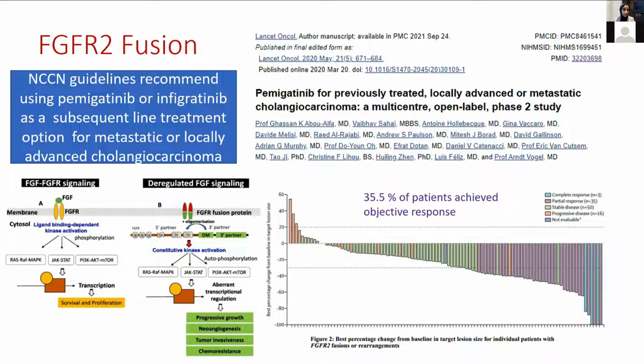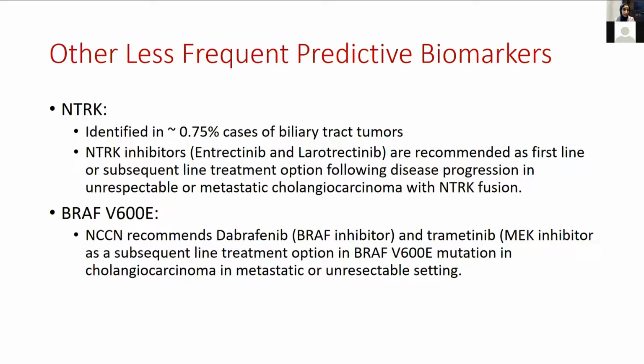So NCCN guidelines currently recommend using pemigatinib or infigratinib as a subsequent line treatment option for metastatic or locally advanced cholangiocarcinoma. Other less frequent biomarkers, as we have mentioned, NTRK, you'll see this across the categories, but NTRK inhibitors are recommended as first line or subsequent line treatment option following disease progression in unresectable or metastatic cholangiocarcinoma with NTRK fusion.